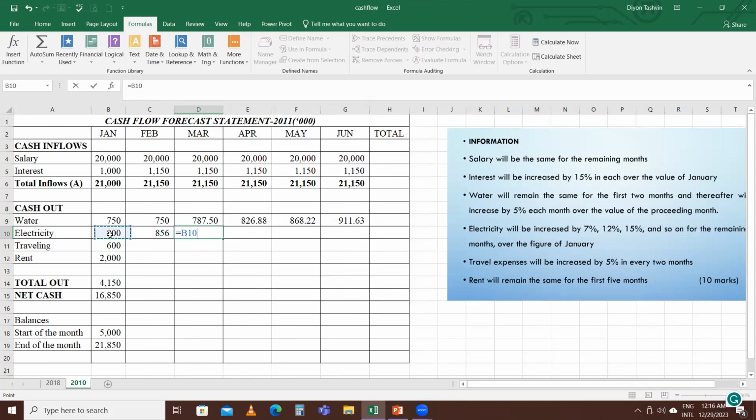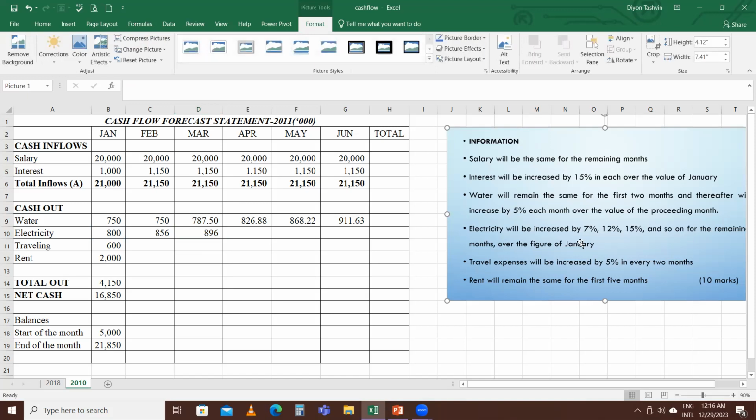So we have to refer to this January cell and then multiply it by 112%, because it says over the figure of January. Right? Over the figure of January means everything should be multiplied by the given percentage, but we have to refer to the January value.